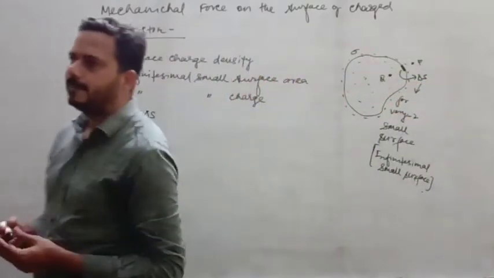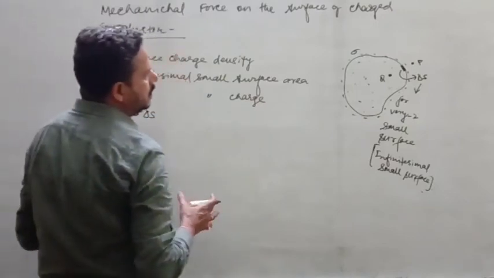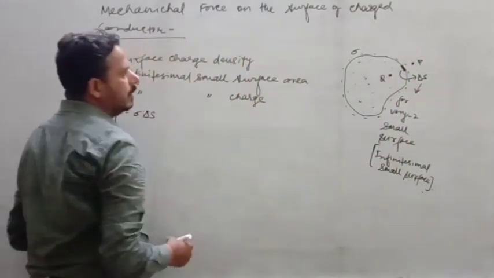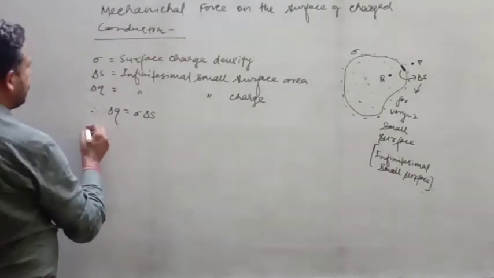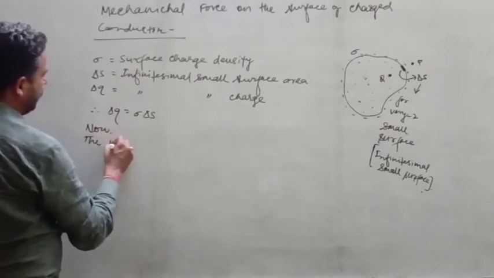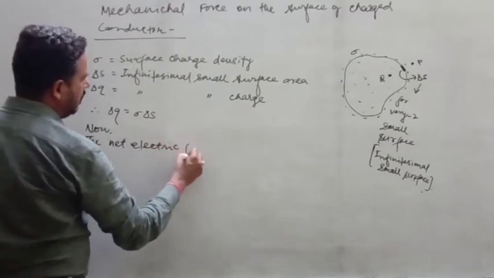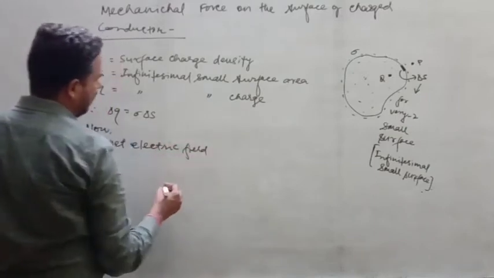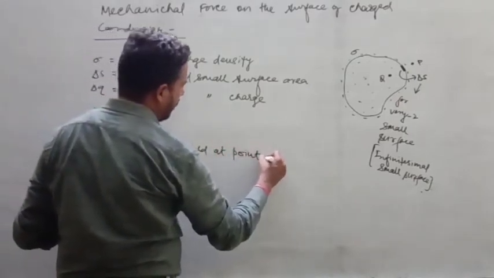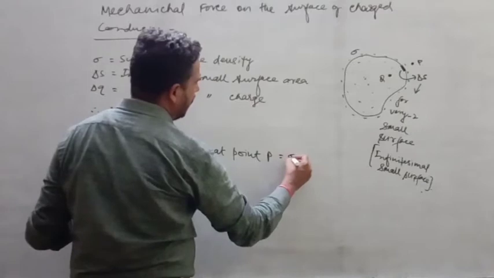One more thing: consider the net electric field at point P. The net electric field at point P is equal to sigma by epsilon naught.